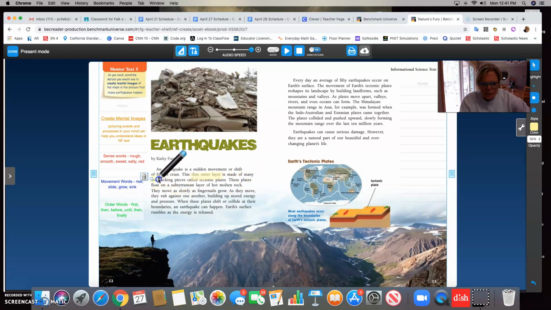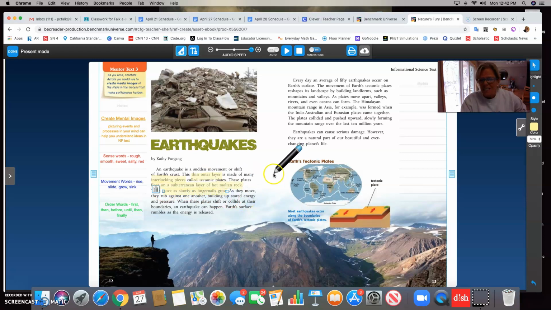Interlocking. You interlock your fingers, okay? So many interlocking pieces called tectonic plates. These plates float on a subterranean layer of hot molten rock. It's kind of a good visual. They move as slowly as fingernails grow.